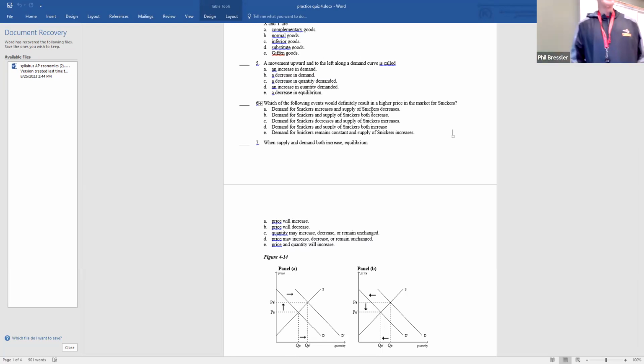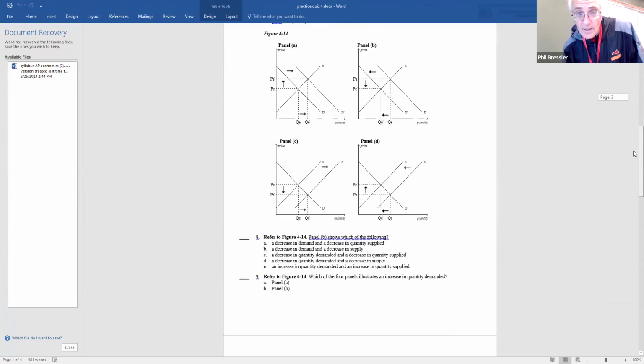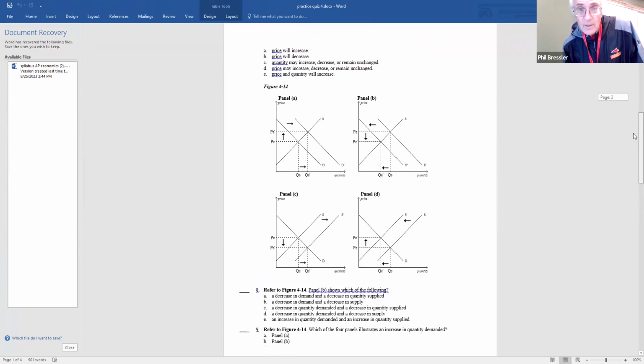Now, they could give you a double shifter, which I think they're giving you in the next problem. So we'll look at it there. When supply and demand both increase, okay? So let's again look at these, all right? We know we need two graphs. So when demand increases, which we just did before, we get right here, demand increases.